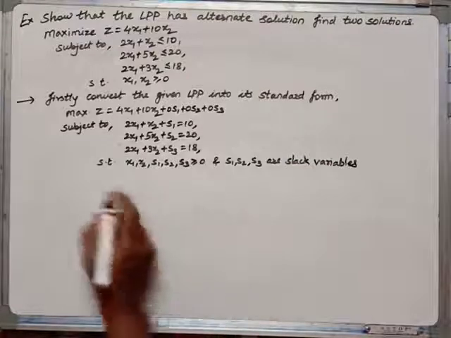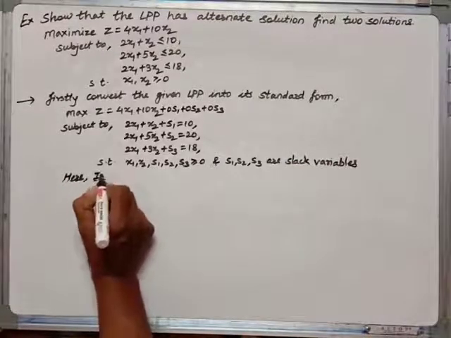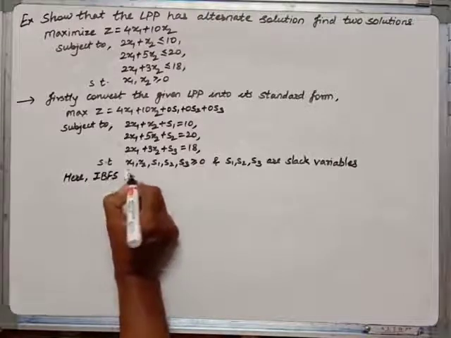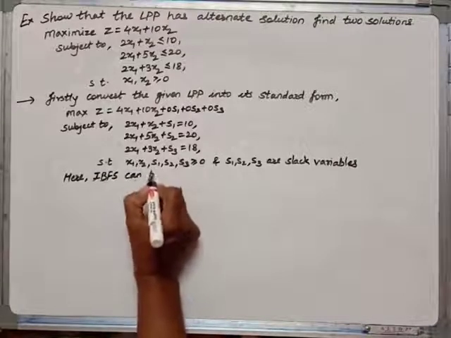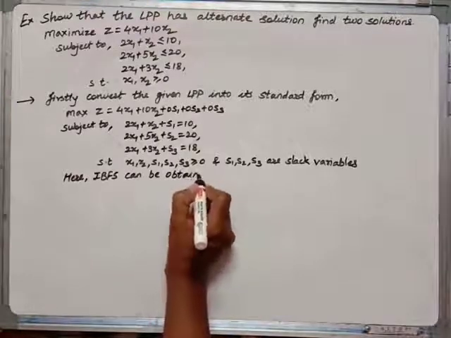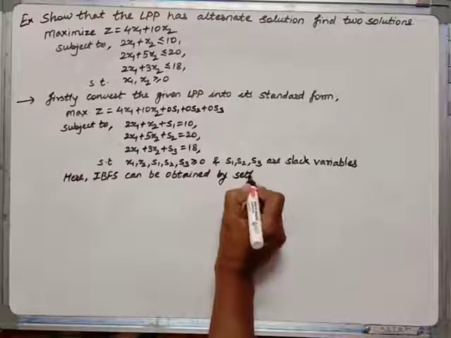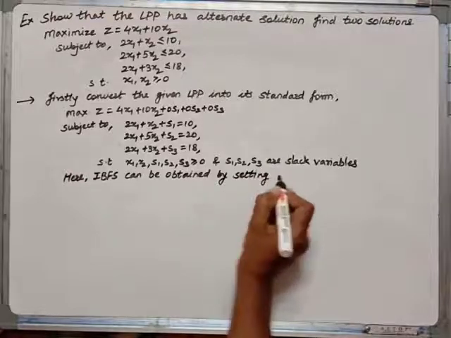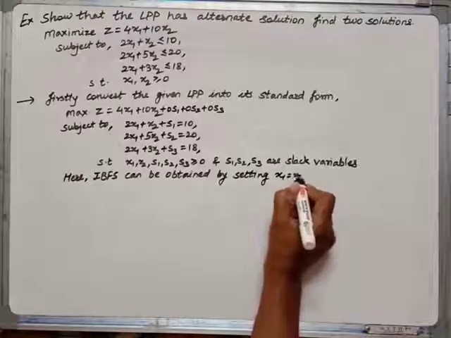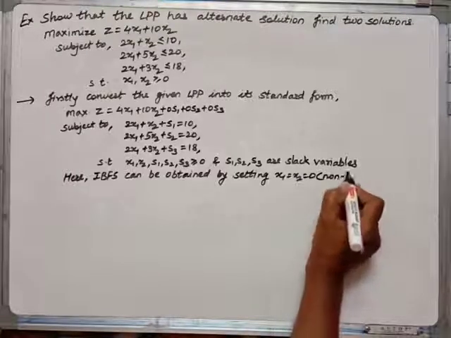Now here IBFS can be obtained by setting x1 equal to x2 equal to 0. Already you know these are non-basic variables.